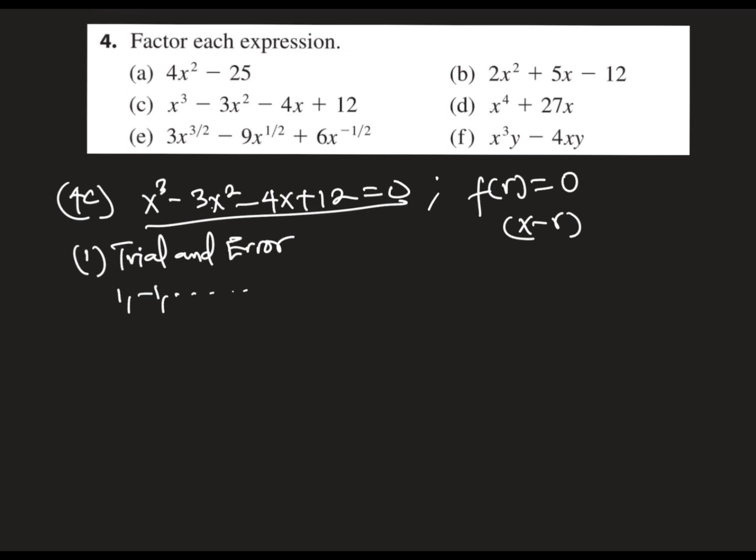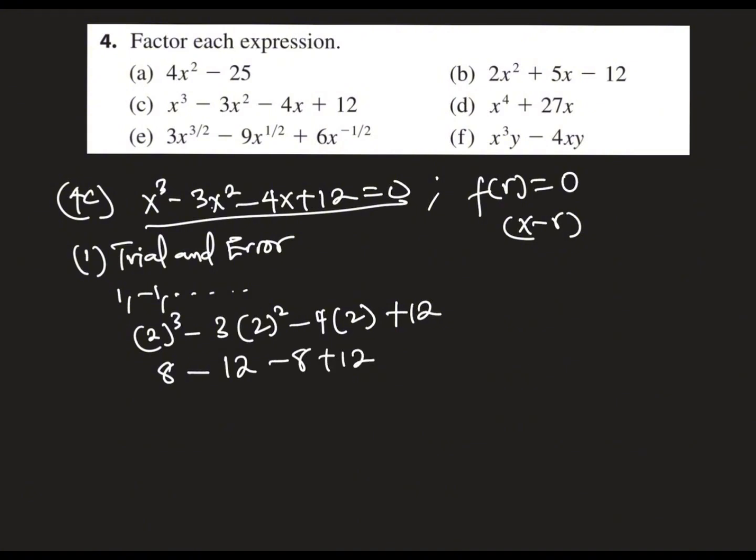Now the next thing you can try is +2 or -2. If you try +2, 2 cubed minus 3 into 2 squared, -4 into 2 plus 12. What do we have? We have 8 minus, this is 2 squared, 4, this is 12, and this is 8, this is 12.